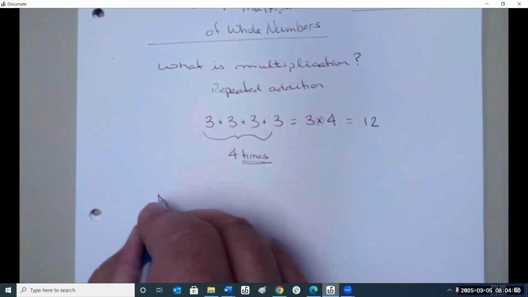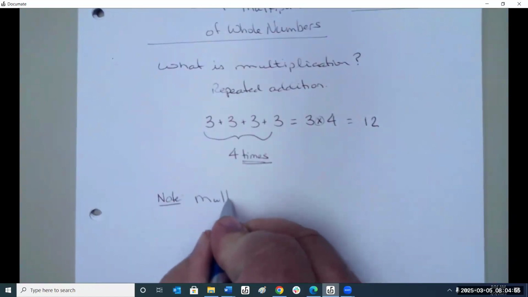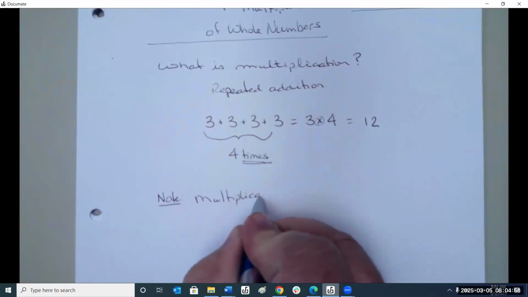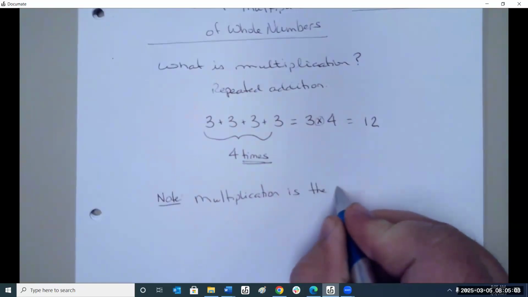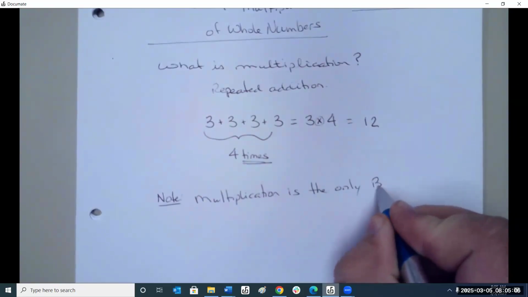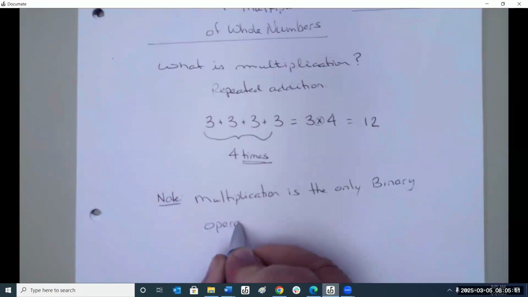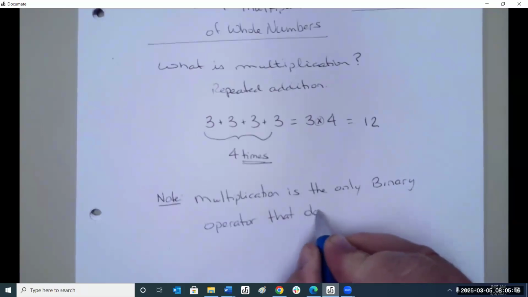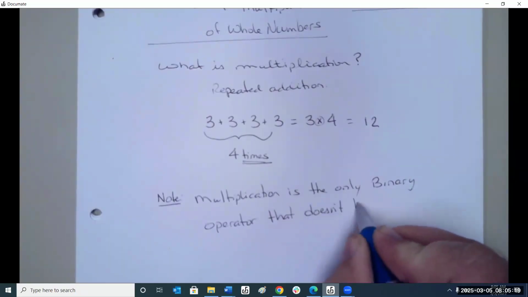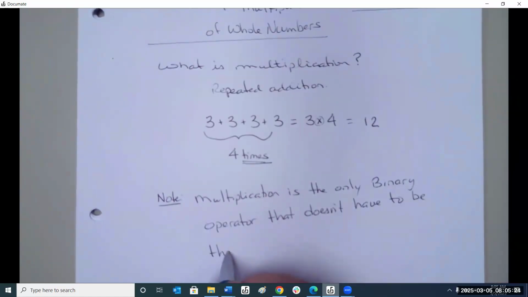Here's a very important note. Multiplication is the only binary operator that doesn't have to be there to exist.